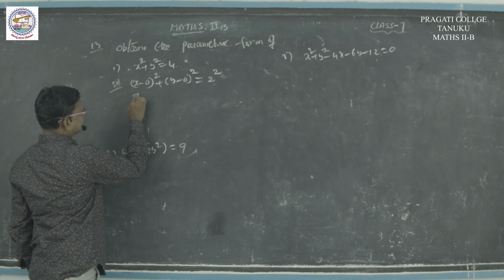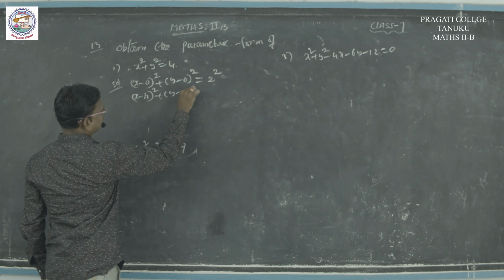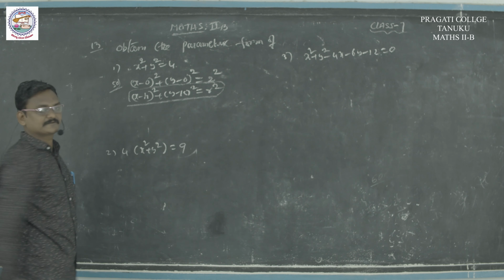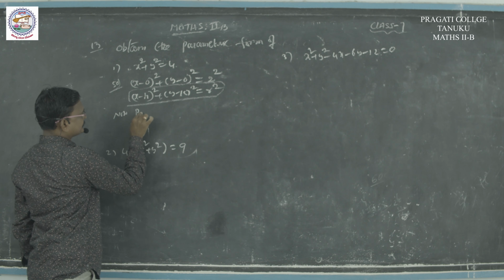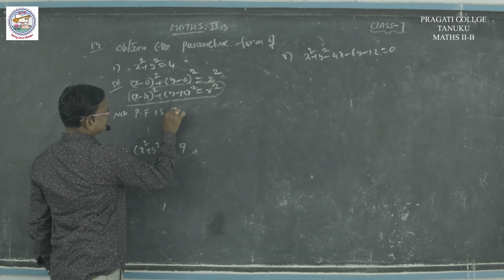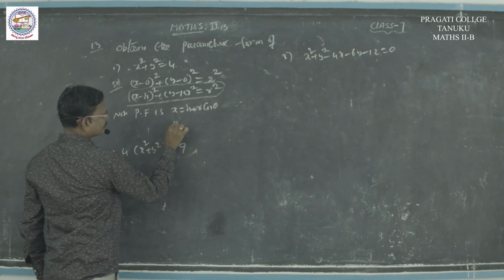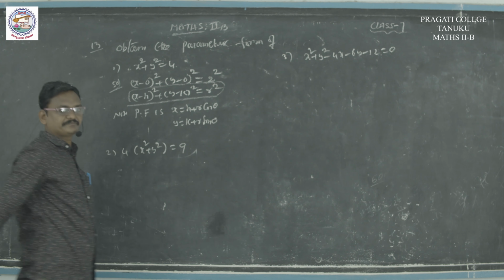Now this is just like x minus h whole square plus y minus k whole square is equal to r square when compared to that. So now the parametric form is x is equal to h plus r cos theta, y is equal to k plus r sin theta.